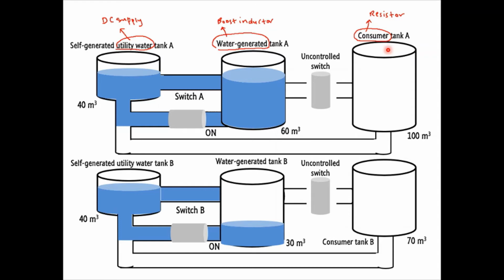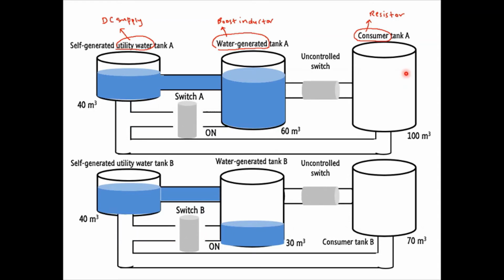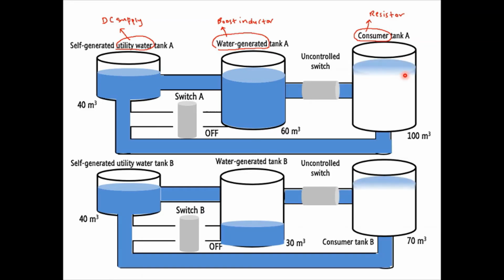Once the water generated tanks complete their function, switches A and B are turned off and automatically the uncontrollable switches are turned on to connect the consumer tanks to the systems.